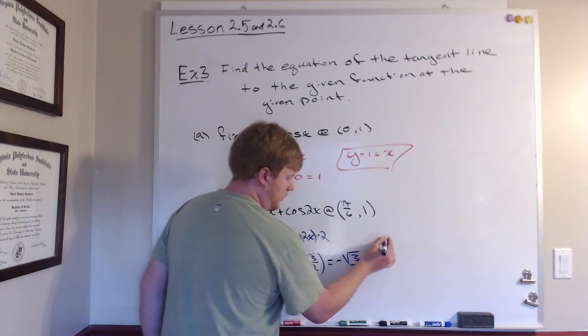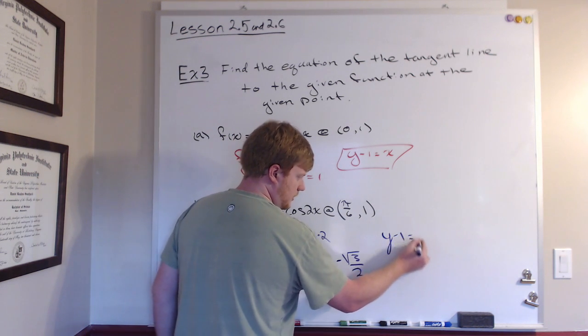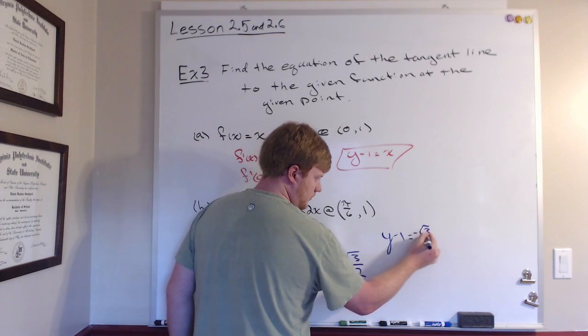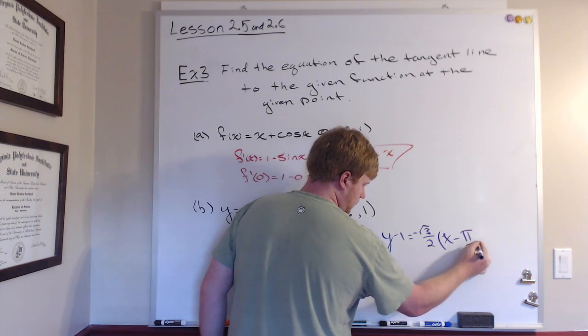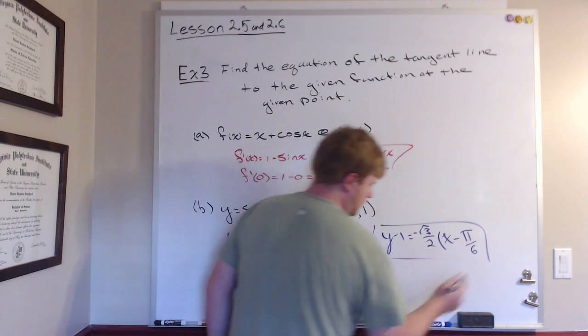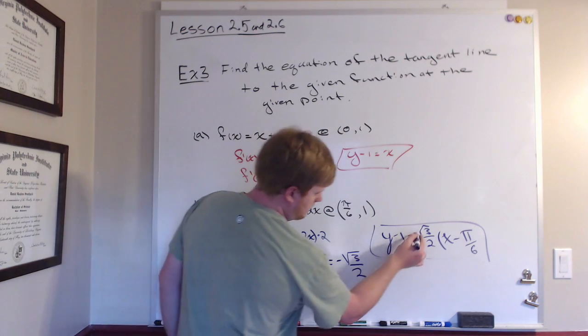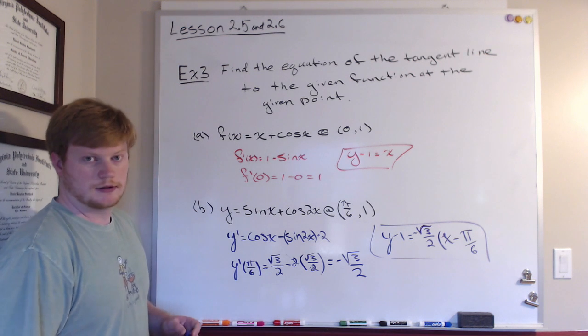Alright, and so my equation is going to look like y minus 1 equals negative rad 3 over 2 times x minus pi over 6. I think that radical sign looked more like a radical sign. Alright.